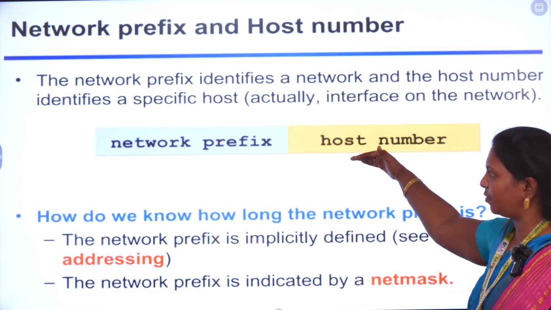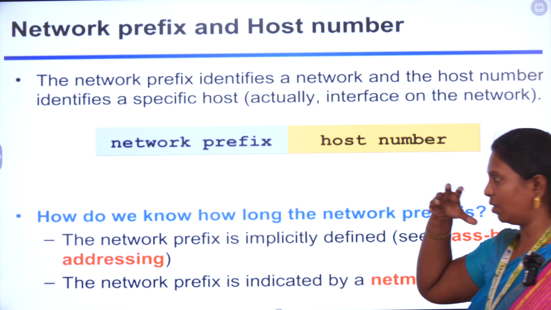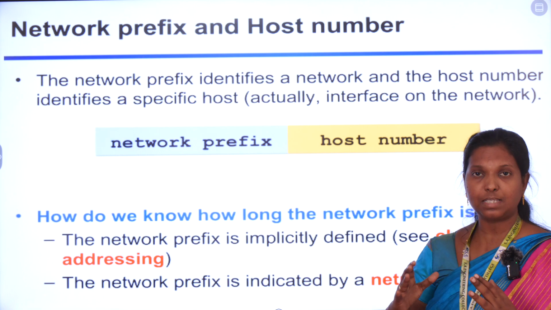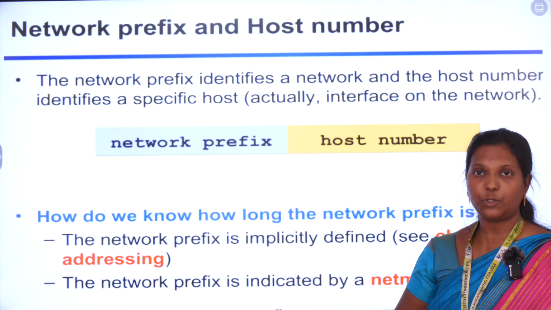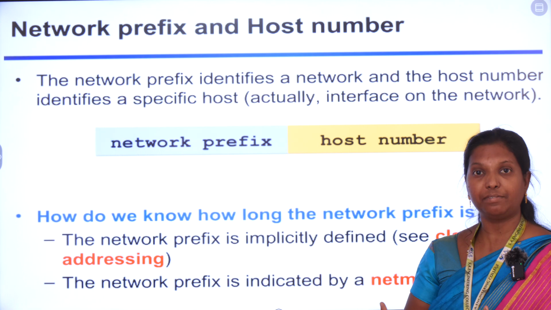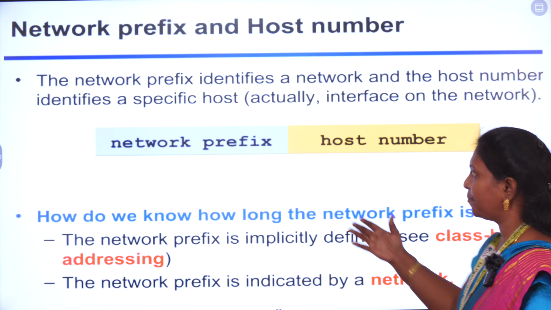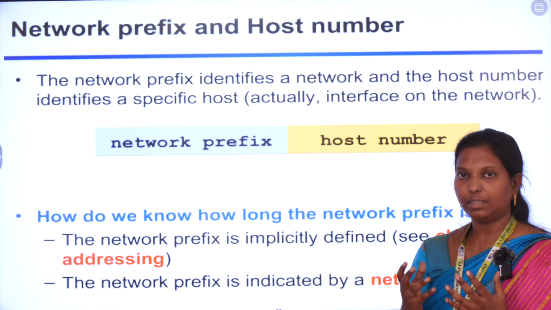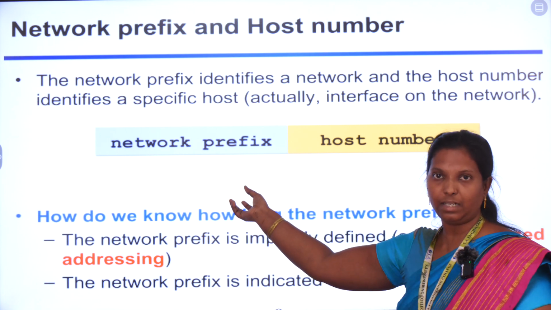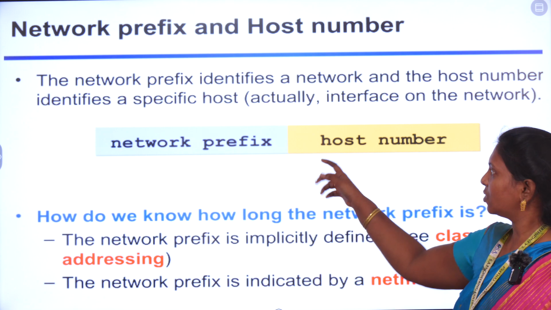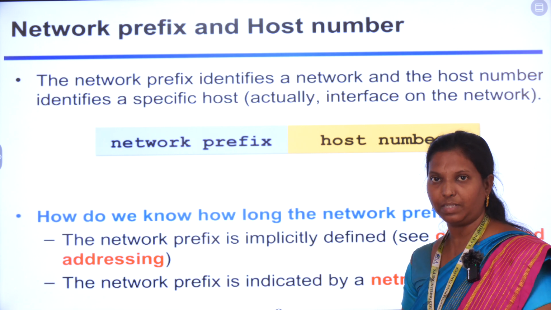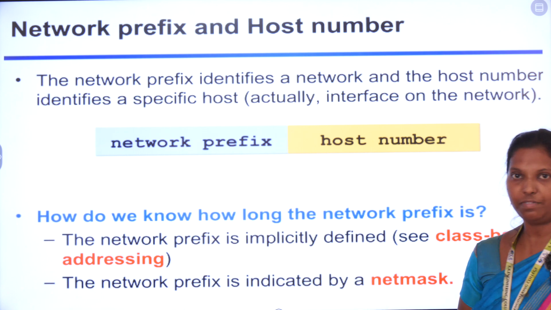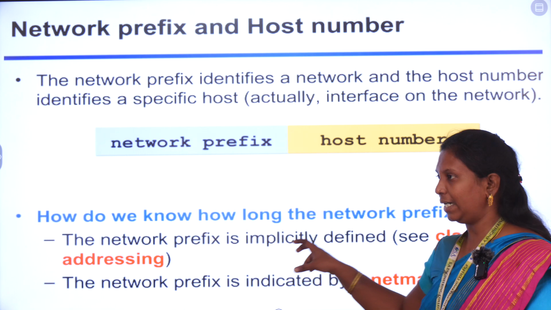You know the value of the host number, but many of us do not concentrate on the network prefix. But for IP addresses, the network prefix is the major concern and it should be properly aligned for each and every organization. For example, if you have a small network of a college or institute, the network prefix should be properly aligned with the network protocols. So first it is interfaced with the network prefix. Secondly, we can have an implicit version of the network prefix, which is the net mask.